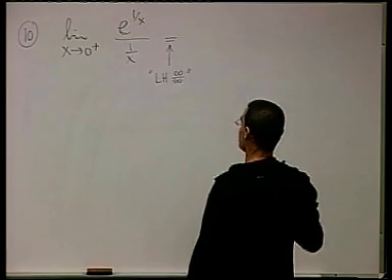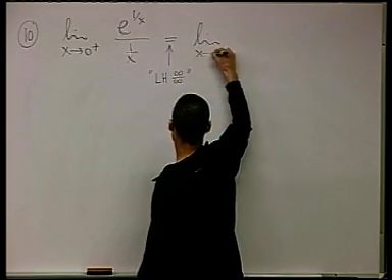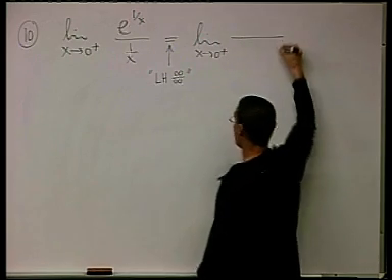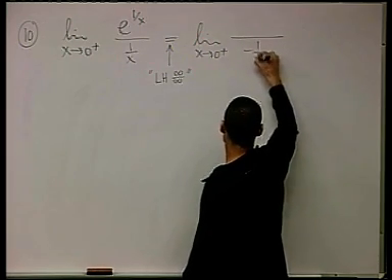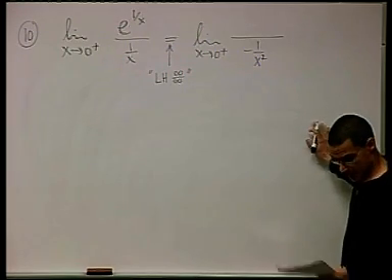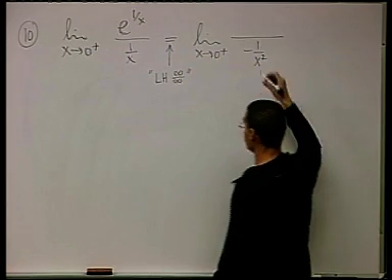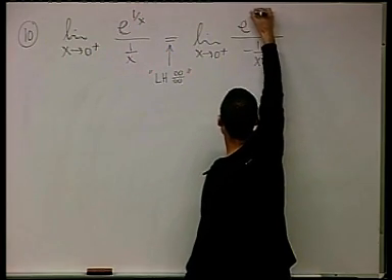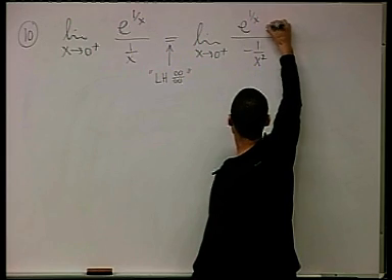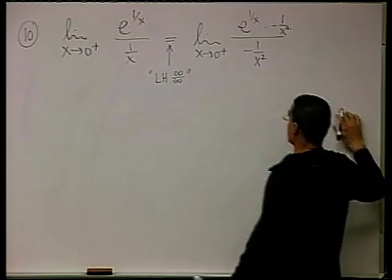We call L'Hopital to our aid. We have to take derivatives. So it's the limit, x goes to 0 plus. The derivative of the bottom is negative 1 over x squared, right? The derivative of the top is what? So e to the something is just e to the something times negative 1 over x squared, the inner derivative.